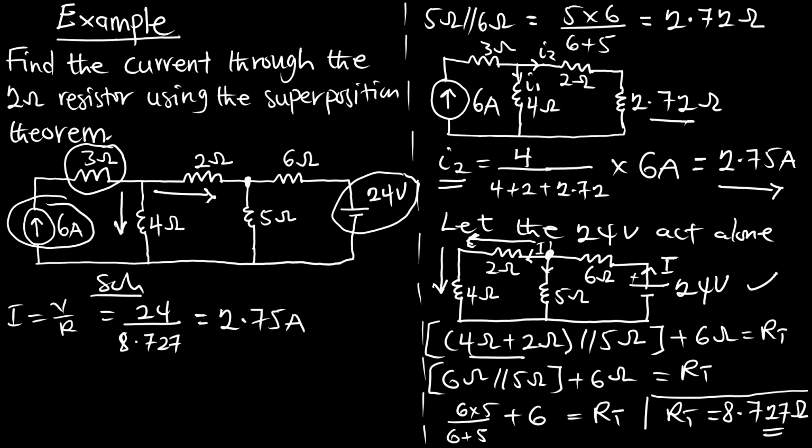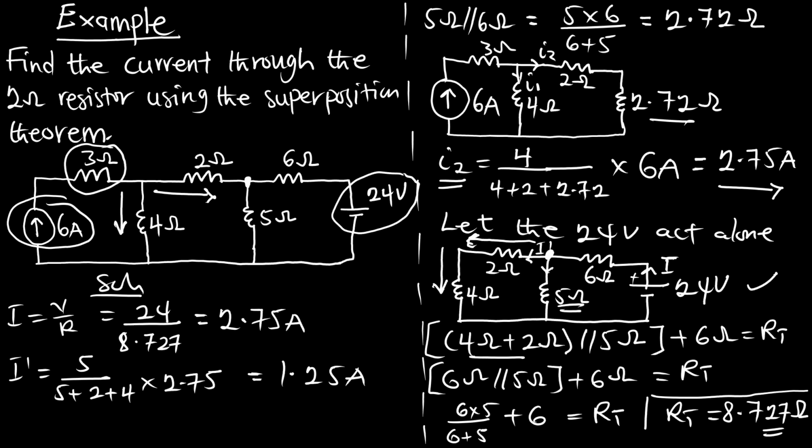So I prime is going to be by current divider 5, the 5 ohm resistor on 5 plus the 2 plus the 4 ohm, multiplying the total current coming. That is going to be 2.75, and that is going to give me 1.25 amperes.